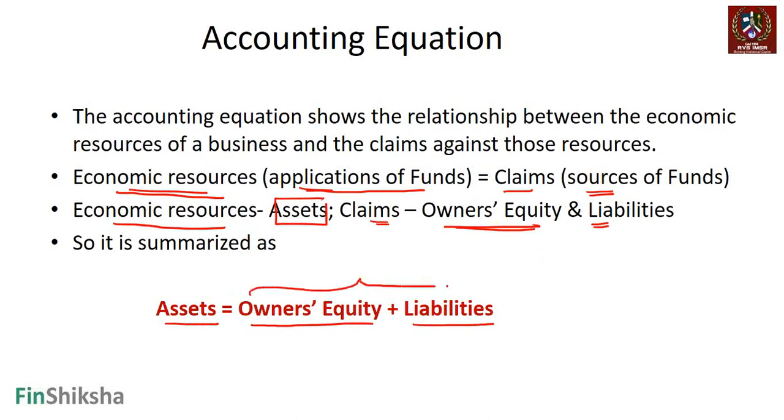Most balance sheets combine the two and talk about them as total liabilities that a firm has. Because the owner is a separate entity, you are still liable to repay the money to the owner, correct? So that's the concept of the accounting equation.